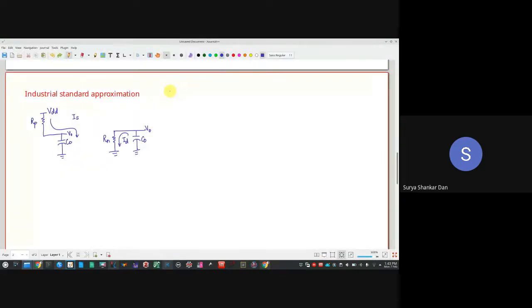The first condition was that every transistor spends most duration of the transition in its linear region of operation.